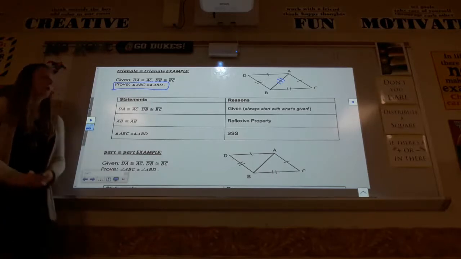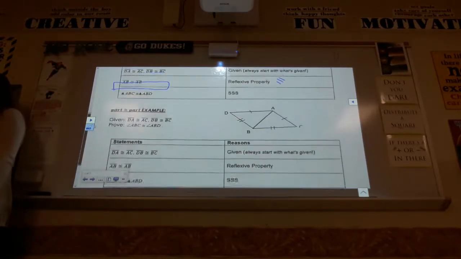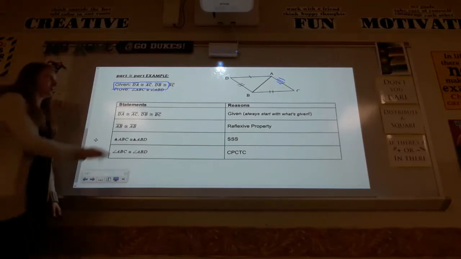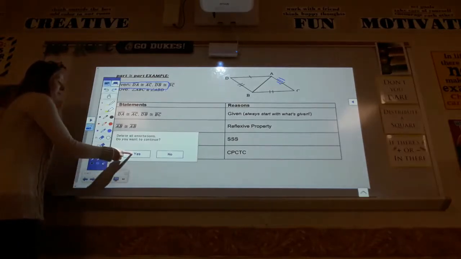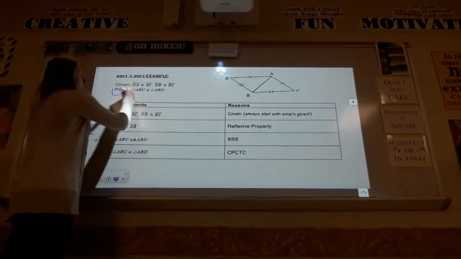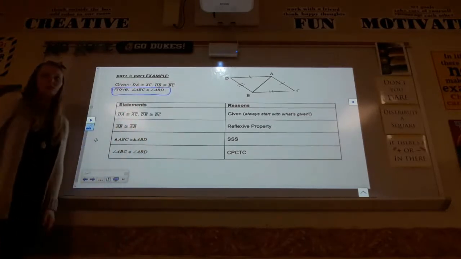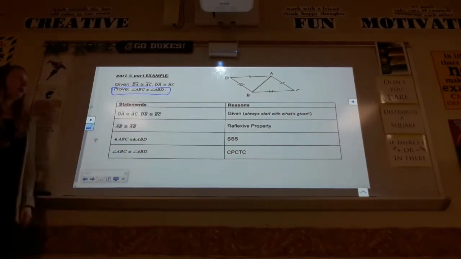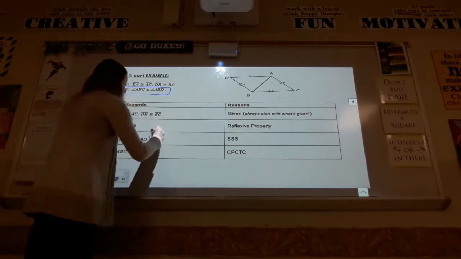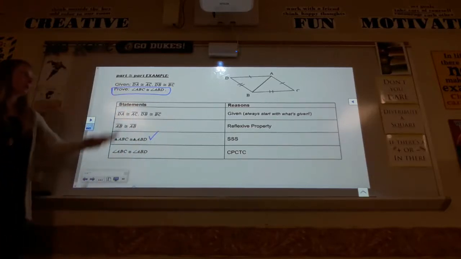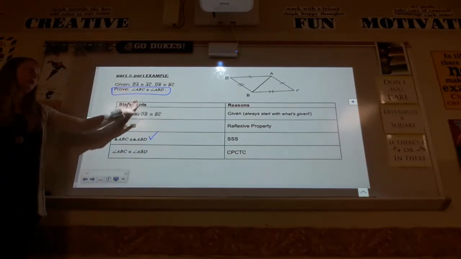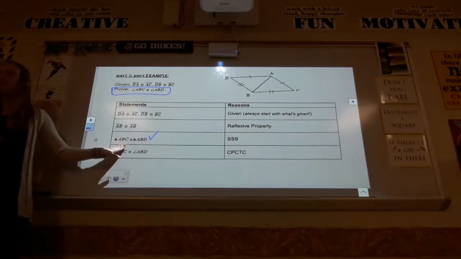Okay? And then this one right here on the bottom of the page is an example of a small picture proof, which instead of proving that the triangles are congruent, you're trying to prove that specific angles within the triangles are congruent. In order to do that, you need this first. In order to say that parts of triangles are congruent, you need to say that the full triangles are congruent first.